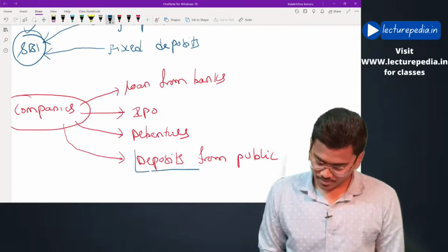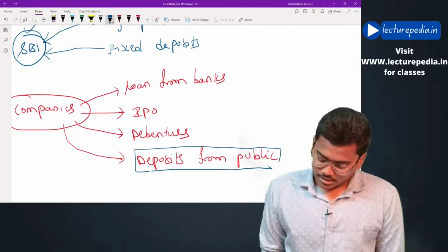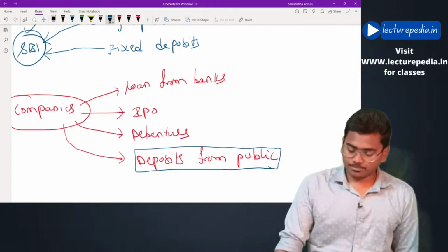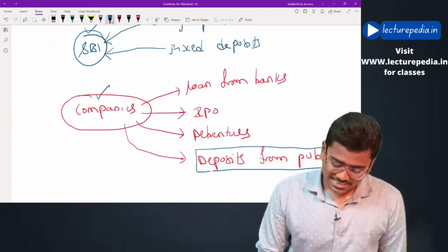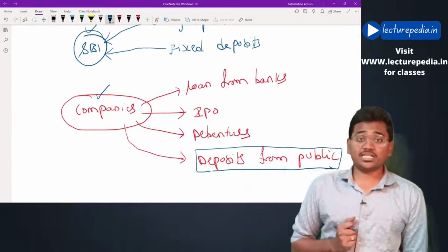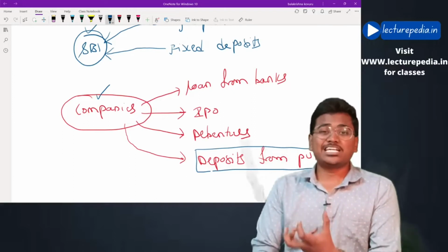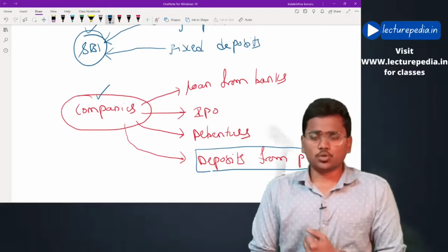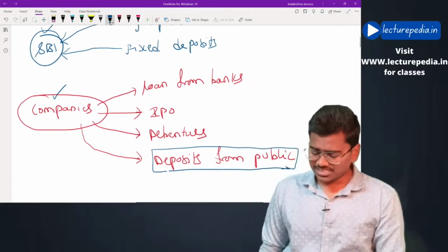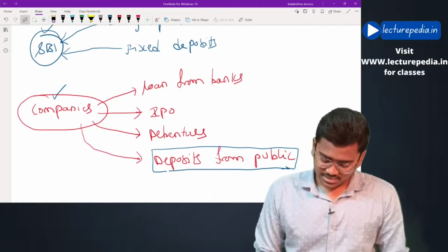Now, deposits have become one of the sources of finance for the companies. They will be raising money from the public in the form of deposits. Now you can get a doubt, what is the difference between deposit and debenture?